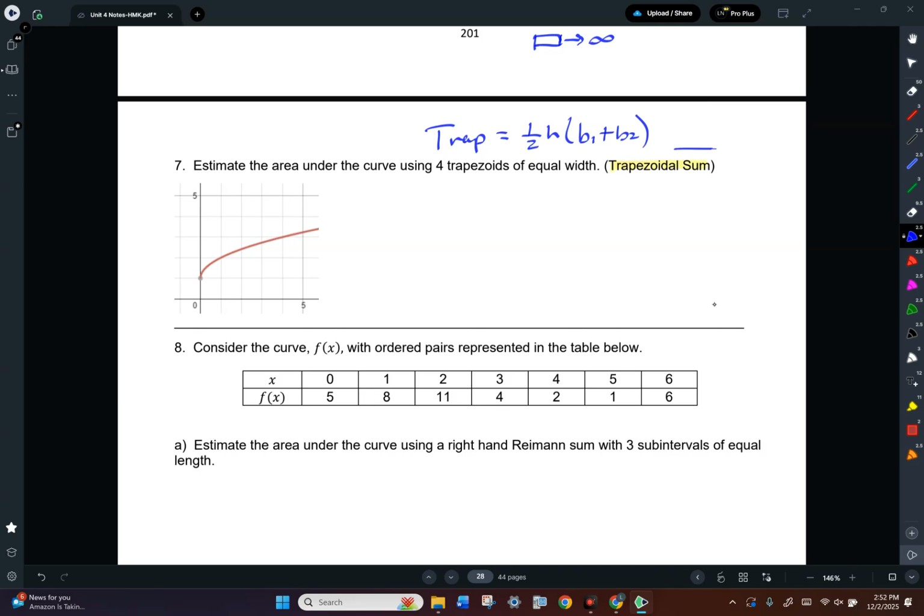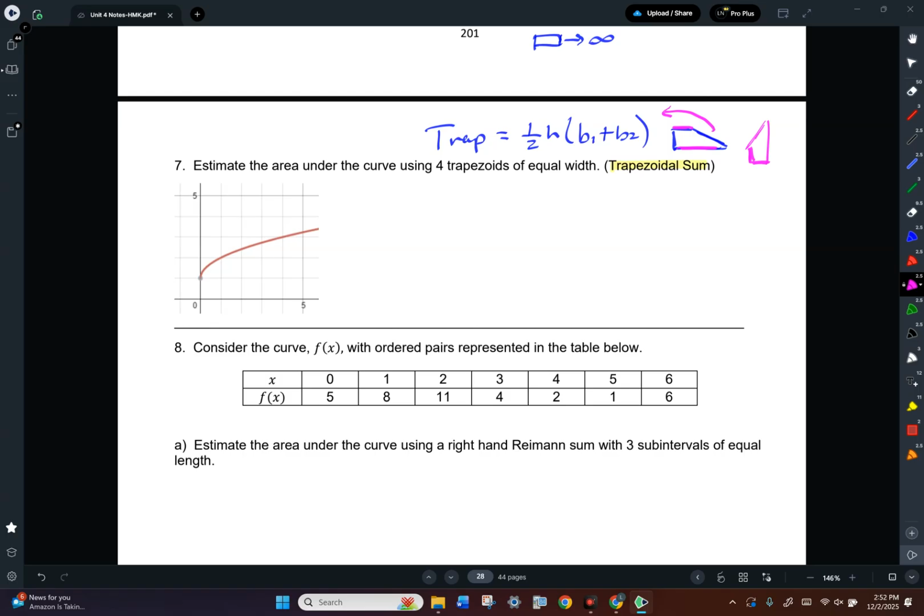Probably in geometry, most of the trapezoids you looked at were something like this, where the parallel sides were like the top and the bottom. But it doesn't have to be that way. In fact, if you were to take this and set it up on end like this, the trapezoid might look like that.